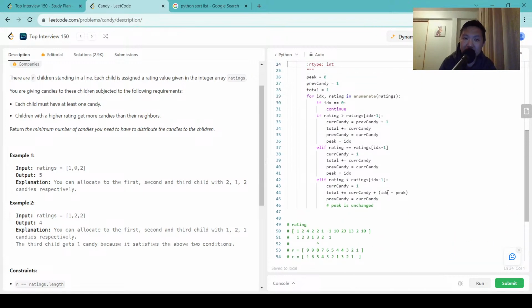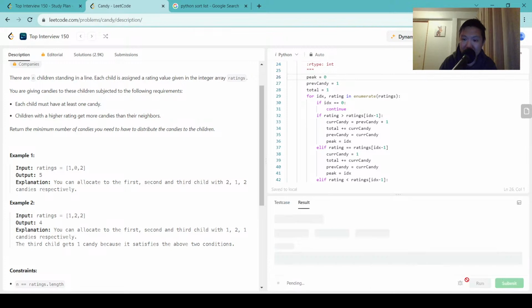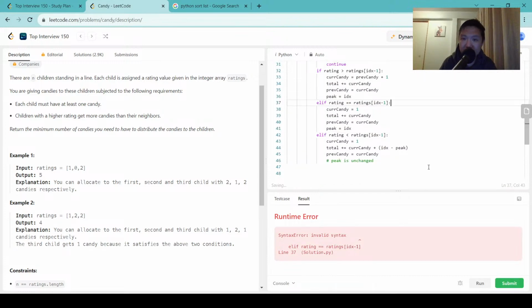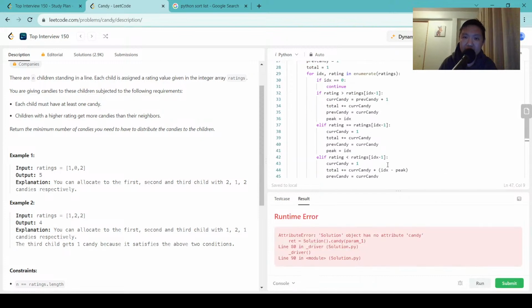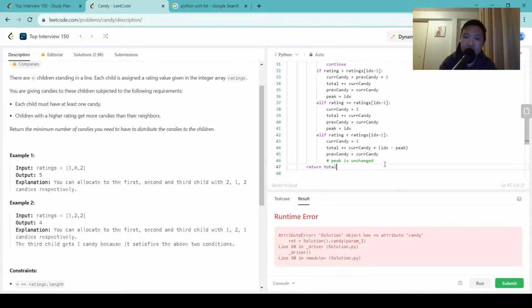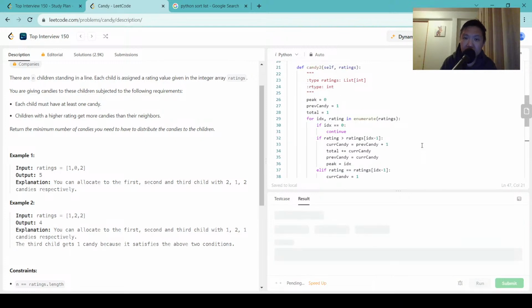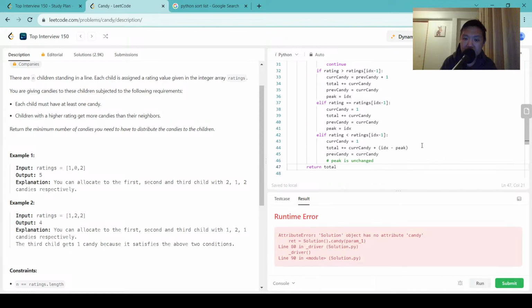And the nice thing about this algorithm, if it works, I don't know if it does. Let's run it. Yeah, I always fall for this. Oh, and I have to return. There was another error.